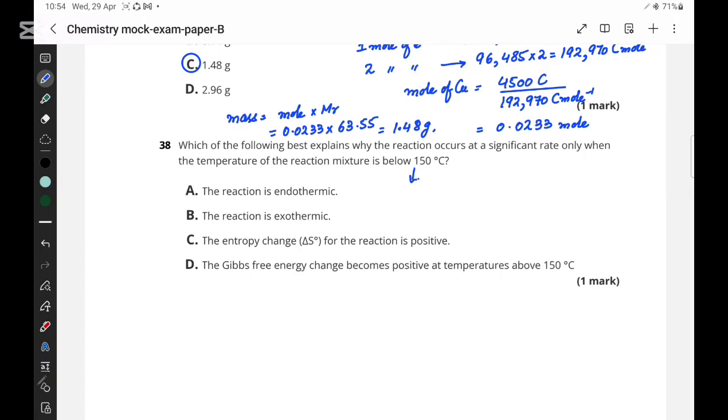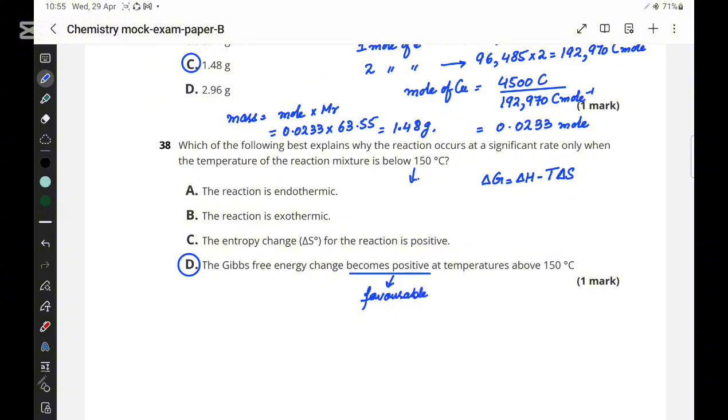If you see option D, delta G is equal to delta H minus T delta S. And option D is saying the Gibbs free energy change becomes positive at temperature above 150. This option is going to be right. Why? Because above 150 it becomes positive. That means the reaction is not favorable above 150.